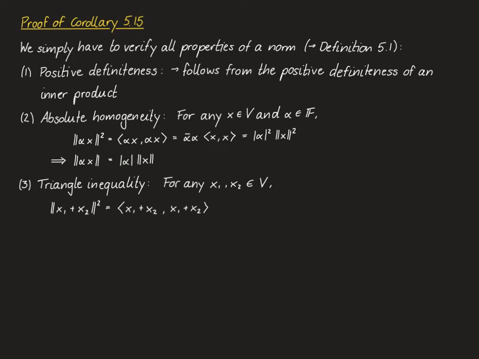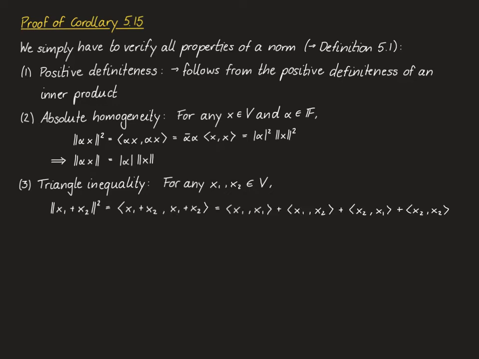Finally, for the proof of the triangle inequality, pick any two vectors x1 and x2 in the vector space, and notice that by the definition of the induced norm, the norm of x1 plus x2 squared equals the inner product of the vector x1 plus x2 with itself.